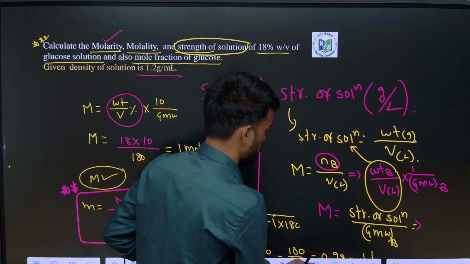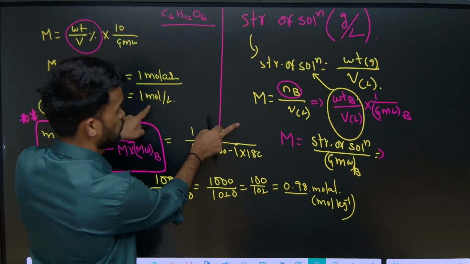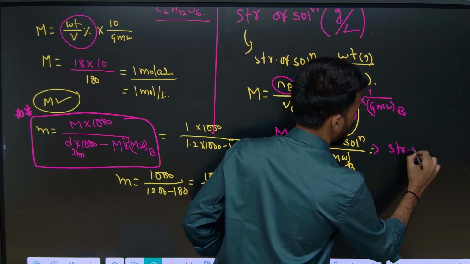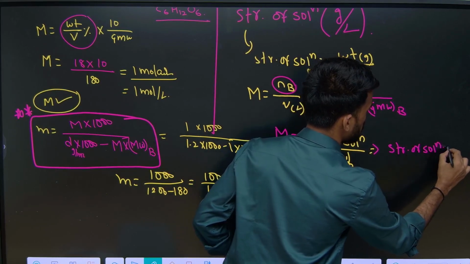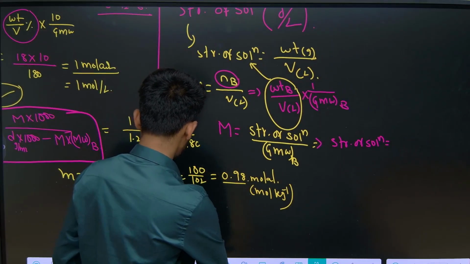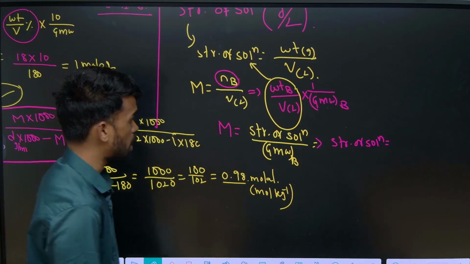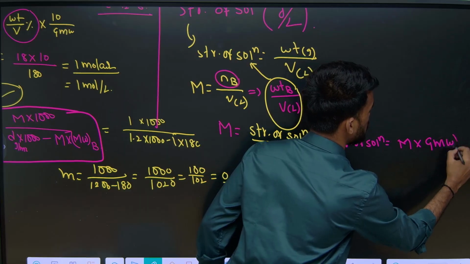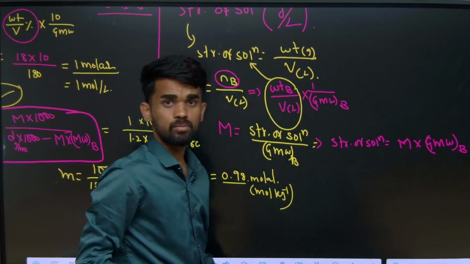What is the molarity of the given solution? Molarity is 1 mole per liter. So strength of solution is nothing but molarity into gram molecular weight of that particular solute. So what is the molarity we got?